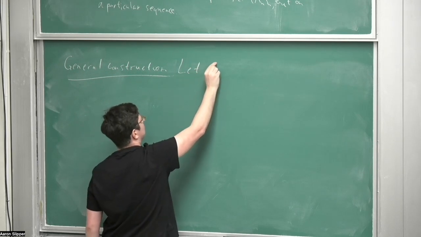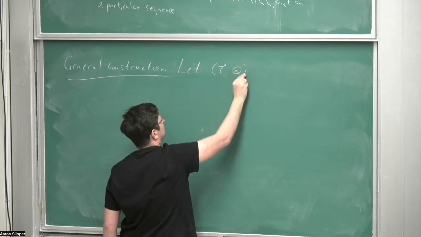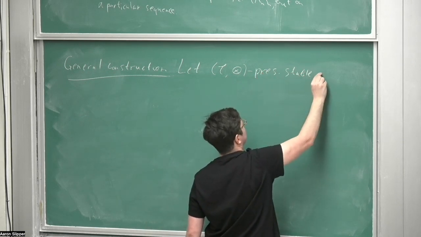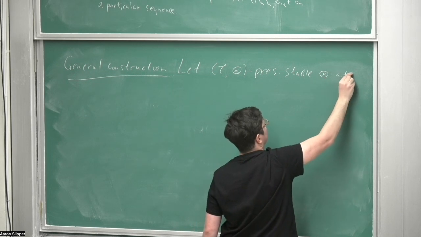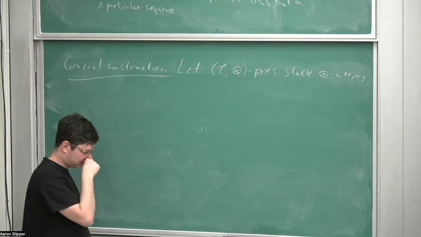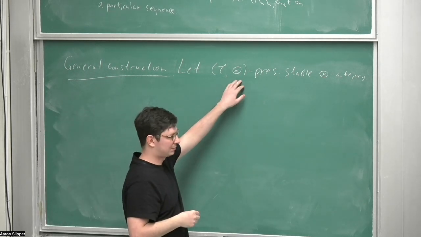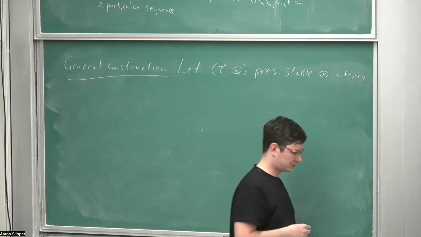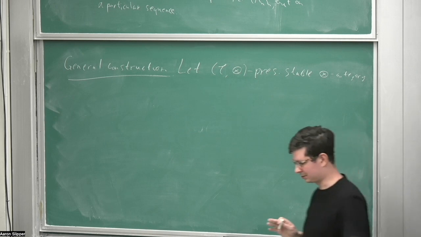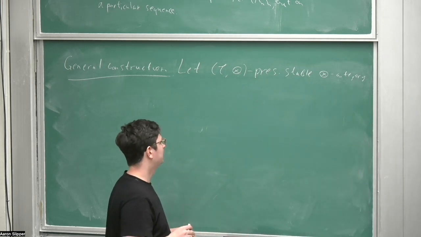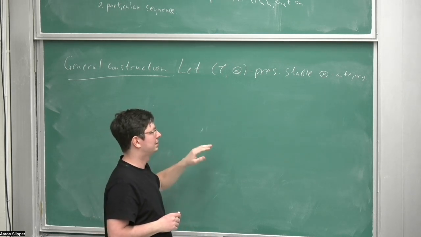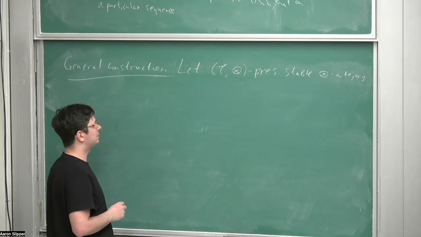Let C be a presentable stable symmetric monoidal category. By default, I assume that the tensor product commutes with colimits in each argument, but I don't assume that the unit is compact. This is not required.